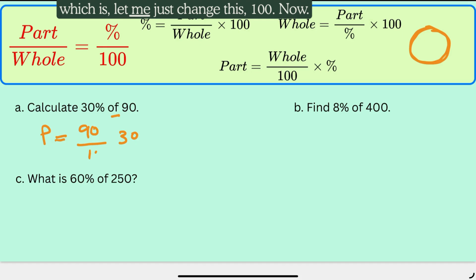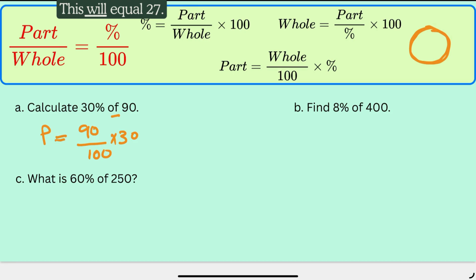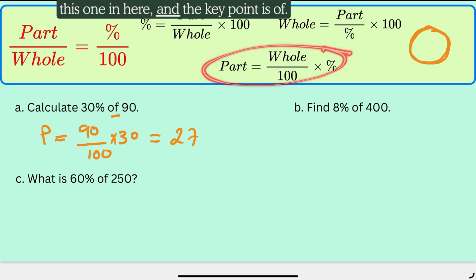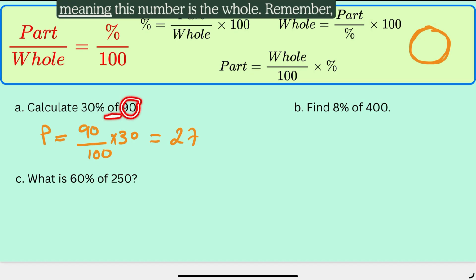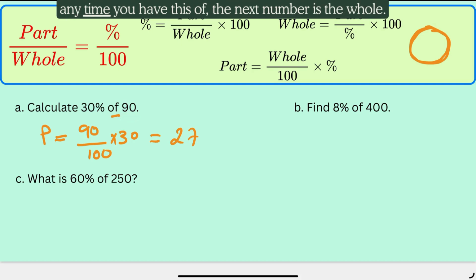Let me just change this, 100. Now, this will equal 27. Again, we just use this one in here, and the key point is "of." Of the number, meaning this number is the whole.